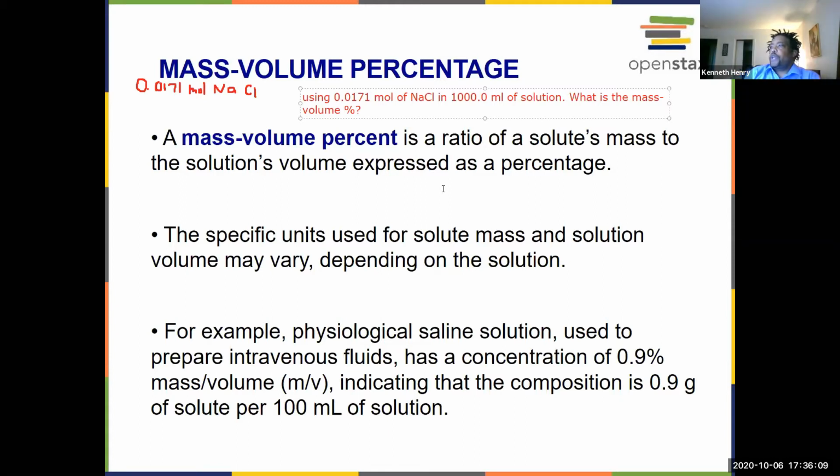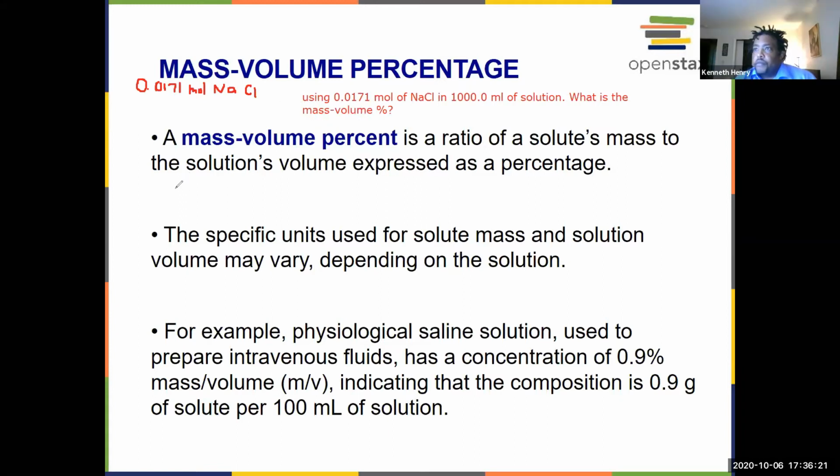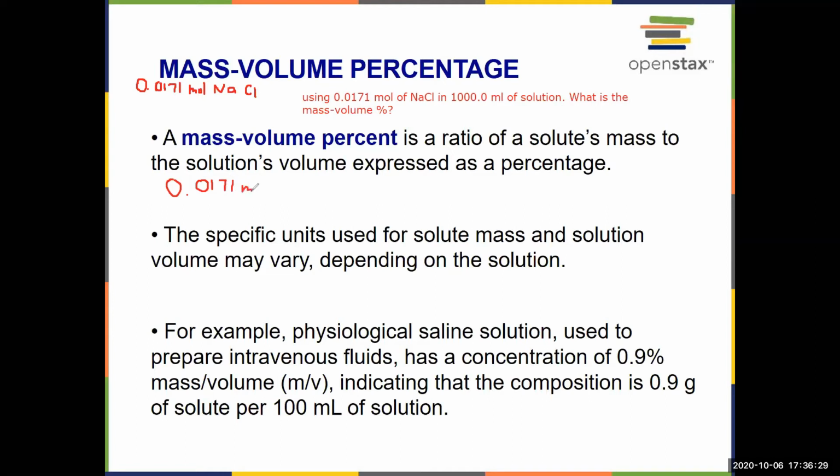Okay, so what are we going to do? Convert first the moles of NaCl to grams by using the molar mass. So I have 0.0171 moles.